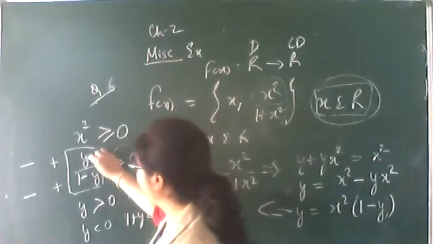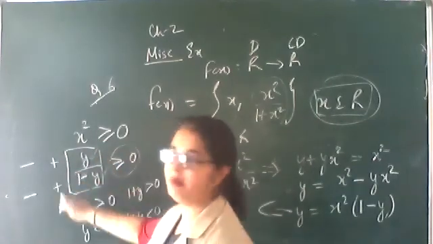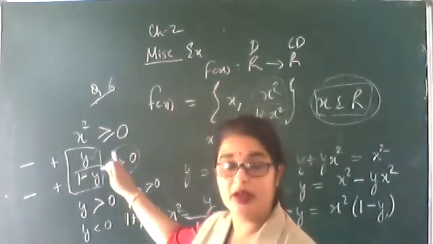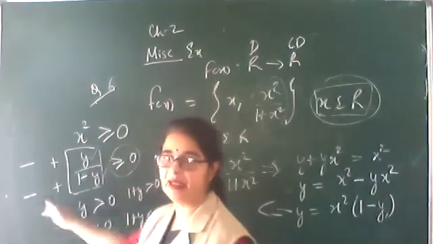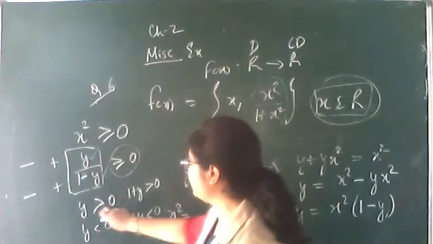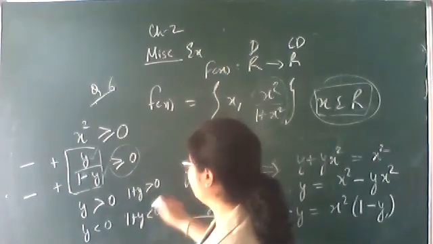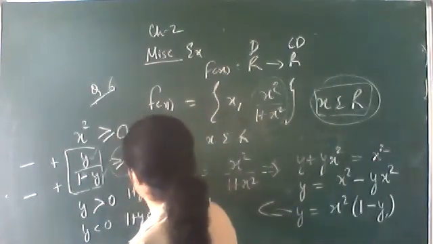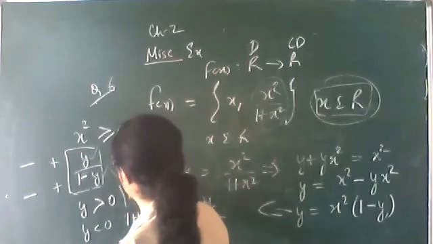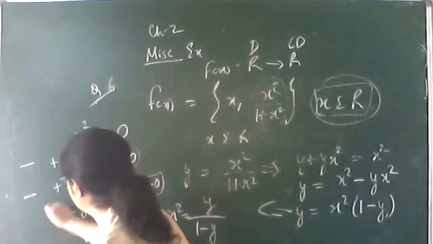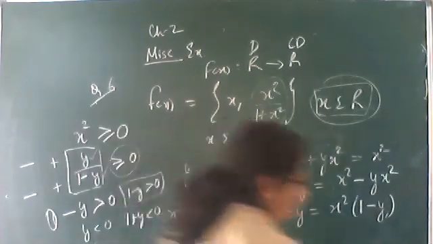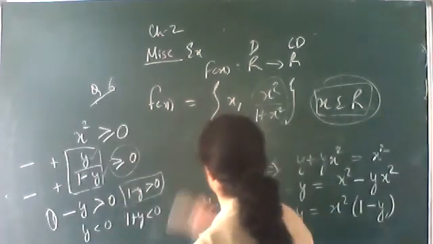But what we are having, the numerator and denominator, when they are both positive, then only the whole function will be positive, or both will be negative. So when both are positive, y should be greater than 0 and 1 minus y should be greater than 0. Is it visible?